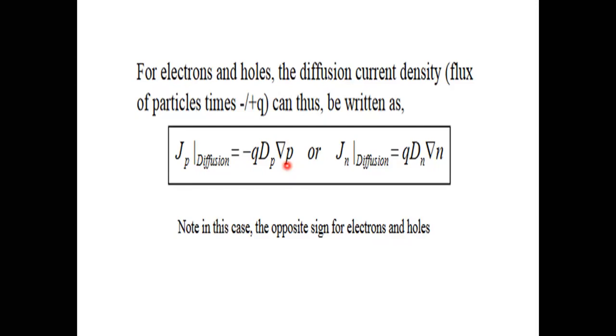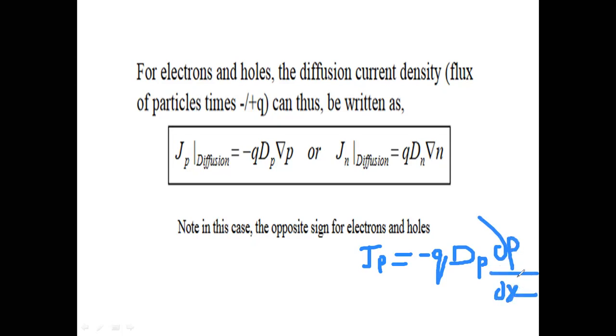So Jp diffusion equals minus Q Dp dou p by dou x, where Q is the charge, Dp is the diffusion constant of holes, and dou p by dou x is the rate of change of holes with respect to distance x, where distance x is the length of the semiconductor material.